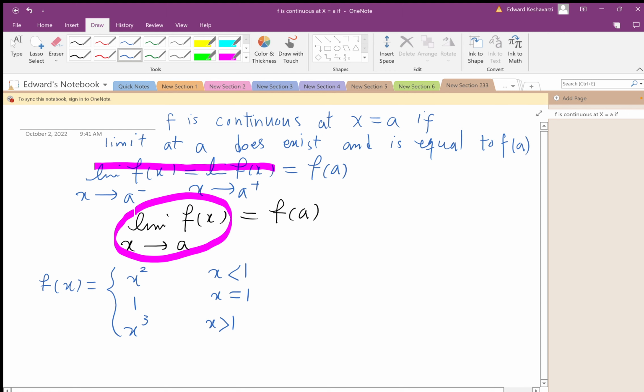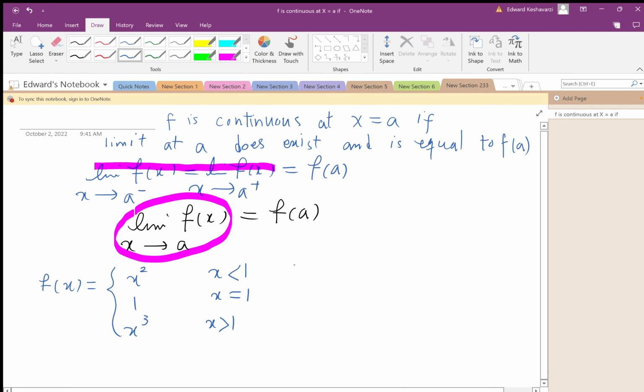The only point that we need to be concerned about is 1, because before 1 we have a quadratic function. X squared is a polynomial and is continuous everywhere. For x larger than 1 also we have a polynomial which is continuous everywhere. So the only point that we need to double check is the splitting point, which is 1.